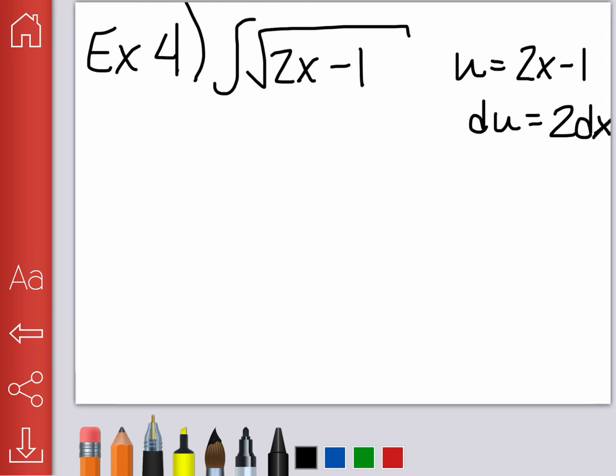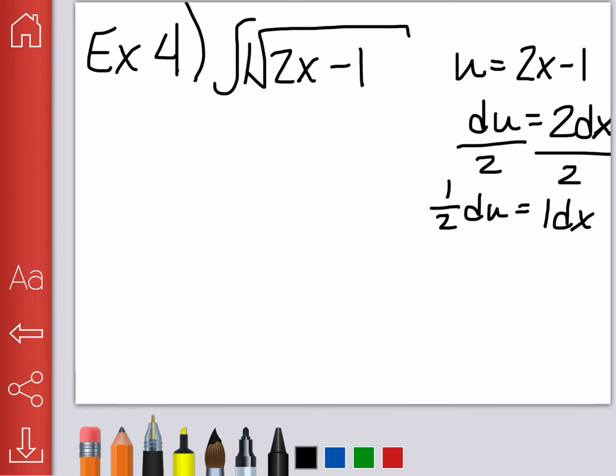But if you look, there is no 2 out front. So let's divide by 2. That means 1/2 du is going to be 1 dx. Which if you look closely, it's like we have a 1 right there. Forgot the dx. Okay, so 1 dx.